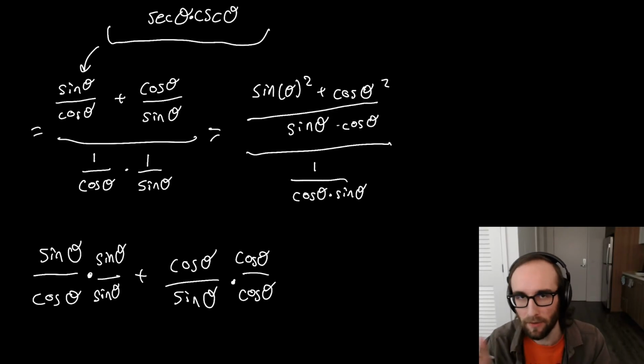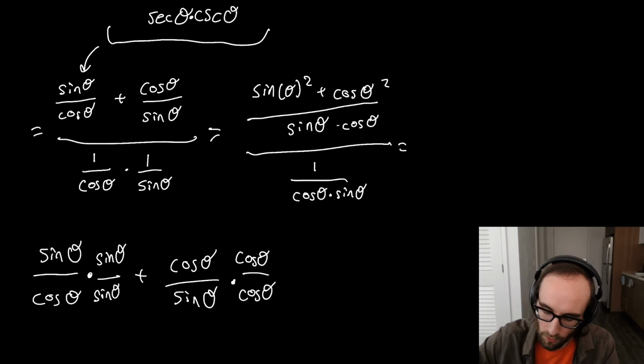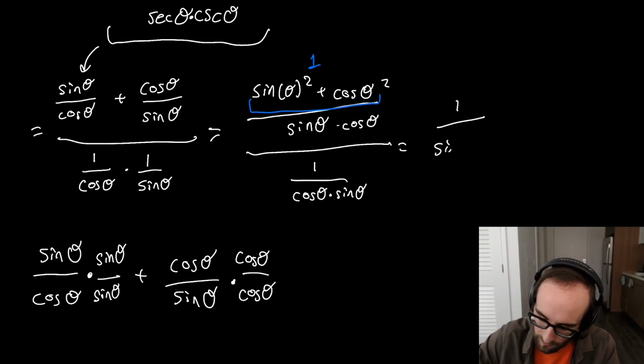Okay, so I just multiplied the ones in the bottom. What we could do next is notice that this numerator up here is actually equal to 1. So if we have sine squared plus cosine squared, that's just equal to 1. I'm going to replace it with 1 over sine theta times cosine theta.